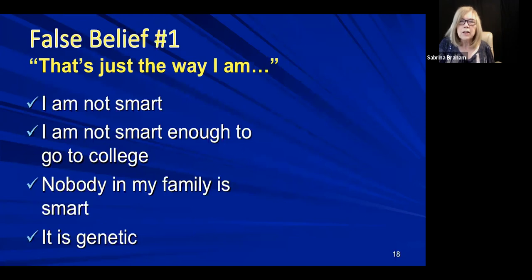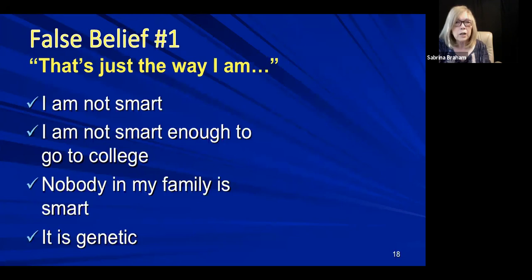People think a lot of these false beliefs or limiting beliefs are actually hardwired. They think, I was born that way. It's genetic. I can give you one. My mother always said nobody in our family is good at math, and I actually believed that until I got an A in algebra. So we think, oh, it's a genetic thing, right?